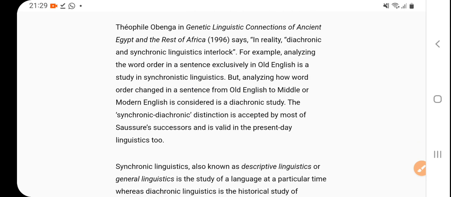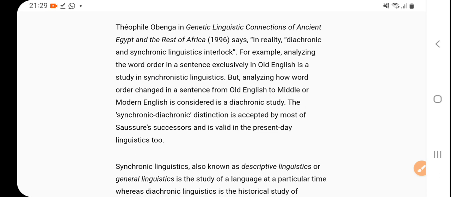Now another is Theophile Obenga, in Genetic Linguistic Connections of Ancient Egypt and the Rest of Africa, says in reality diachronic and synchronic linguistics interlock, which means they coexist.